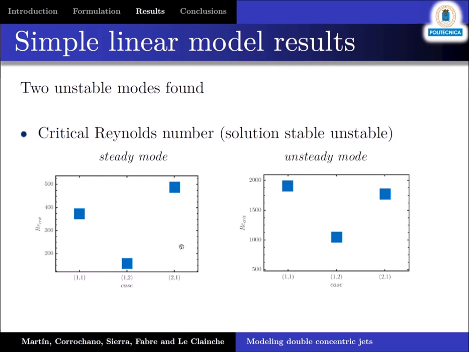But on the other hand, if we increase the inner jet velocity, the critical Reynolds number increases as well. In the steady case, it remains very similar in the unsteady case. This effect suggests a control strategy to delay the flow instabilities.